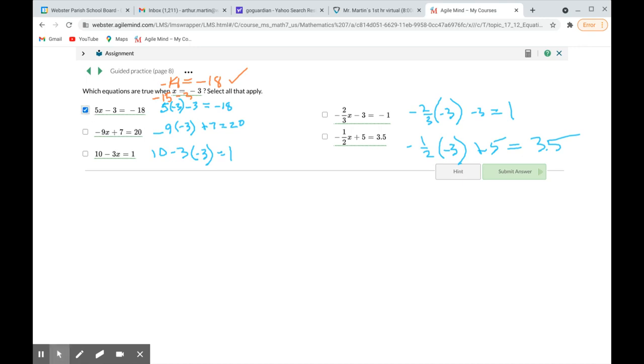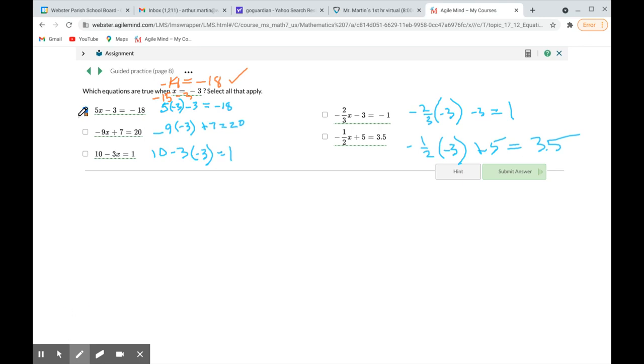All right, looking at that next one. Jemiah, -9 times -3. What's that going to be? Negative times a negative is a positive. So what's 9 times 3? Help her out, somebody.